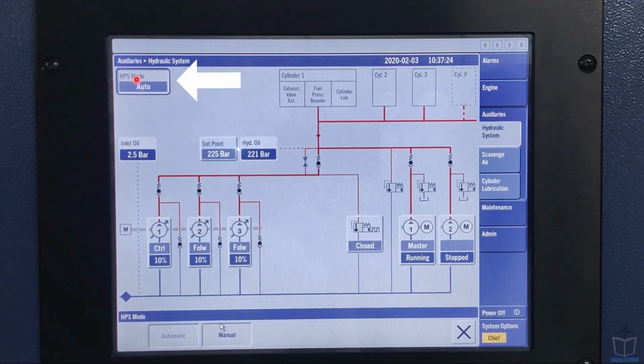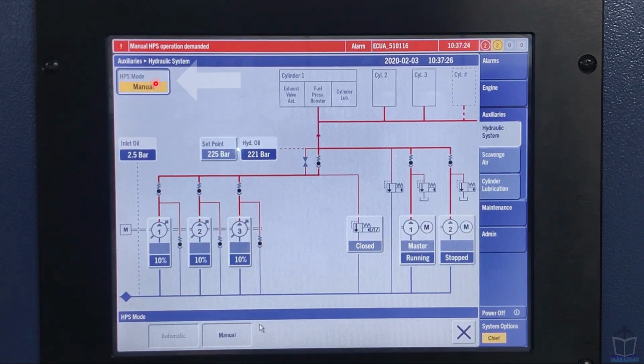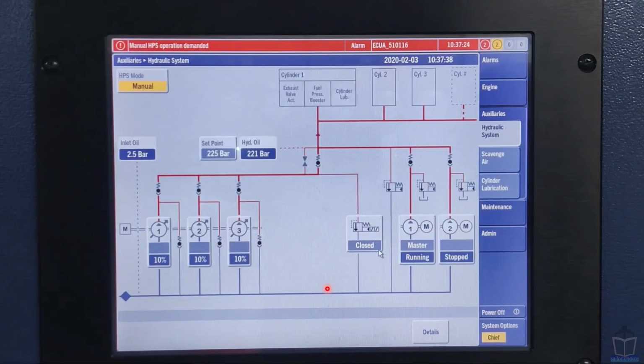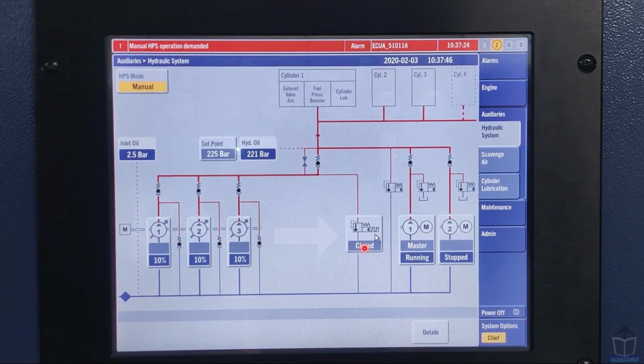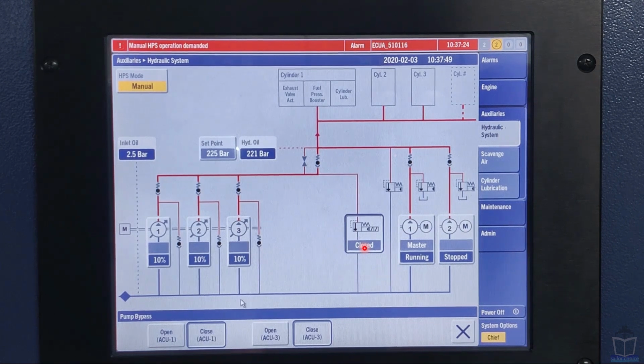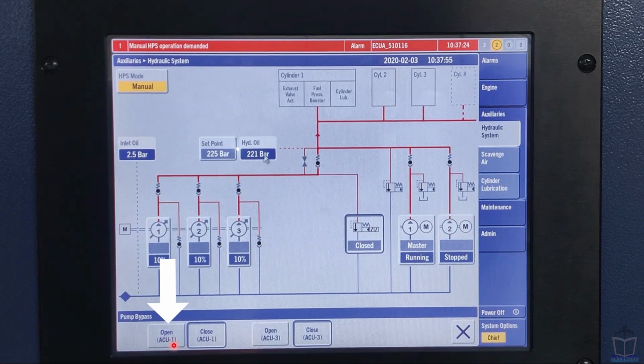First of all, you need to change HPS mode from auto to manual. After that, you have to press this box, then click over here, SU1 open, and see this pressure will start reducing.